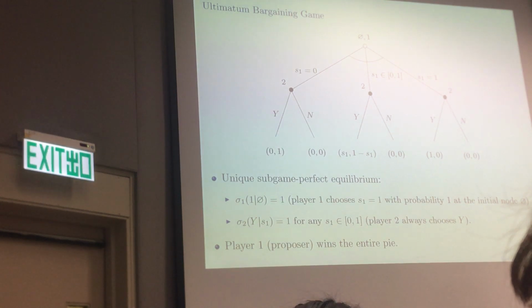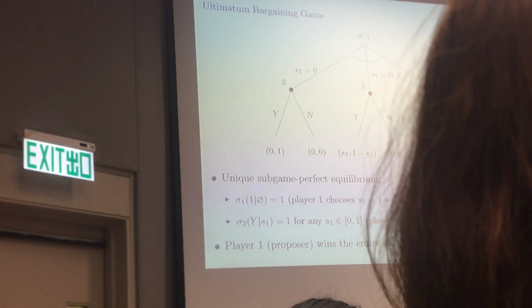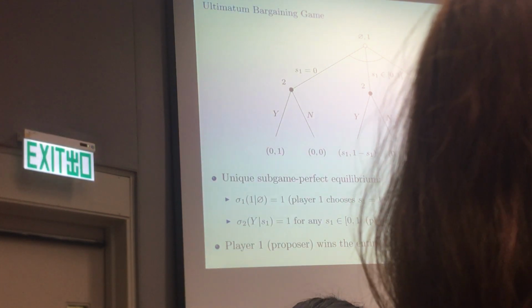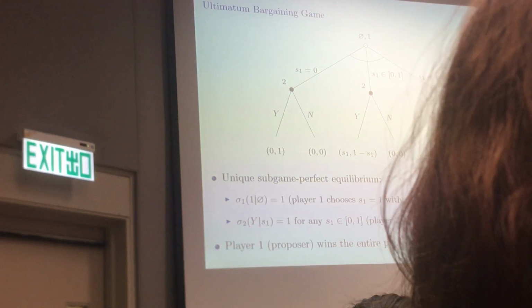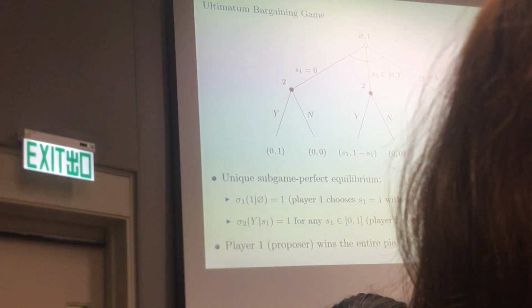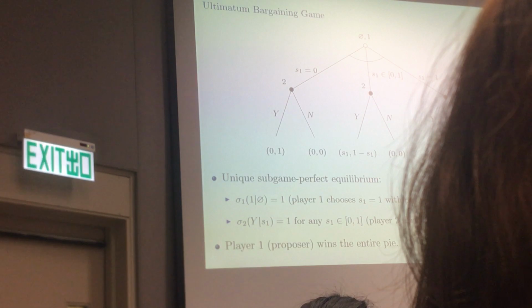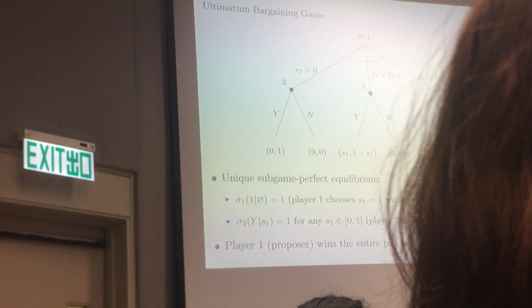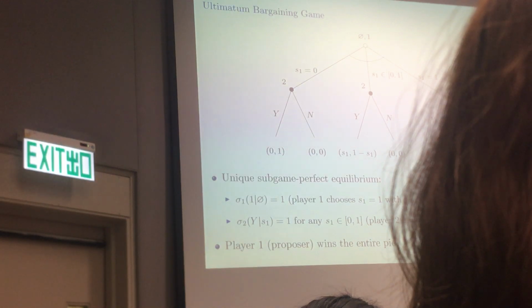Indeed, given that player 1 knows that player 2 will say yes all the time, it is clearly the best response of player 1 to choose S1 equal to 1. And it is also easy to check that player 2 saying yes is a Nash equilibrium for all the subgames.